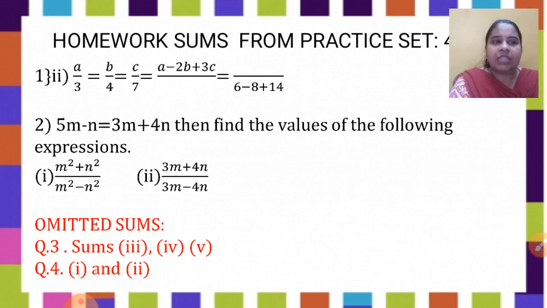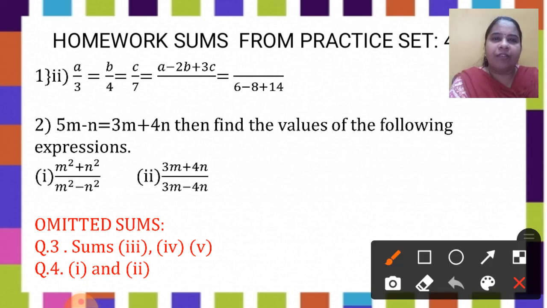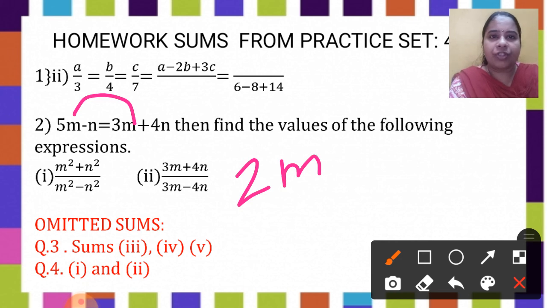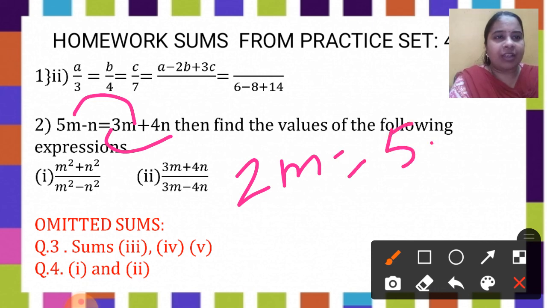Okay. Second question is this: 5m minus n is equal to 3m plus 4n. It is easy provided you understand how to get the value of m upon n from here. Shift that m that side, it will be 5m minus 3m, that is 2m. Correct? Shift this n this side, it will be 4n plus n. How much? 5n. Correct?